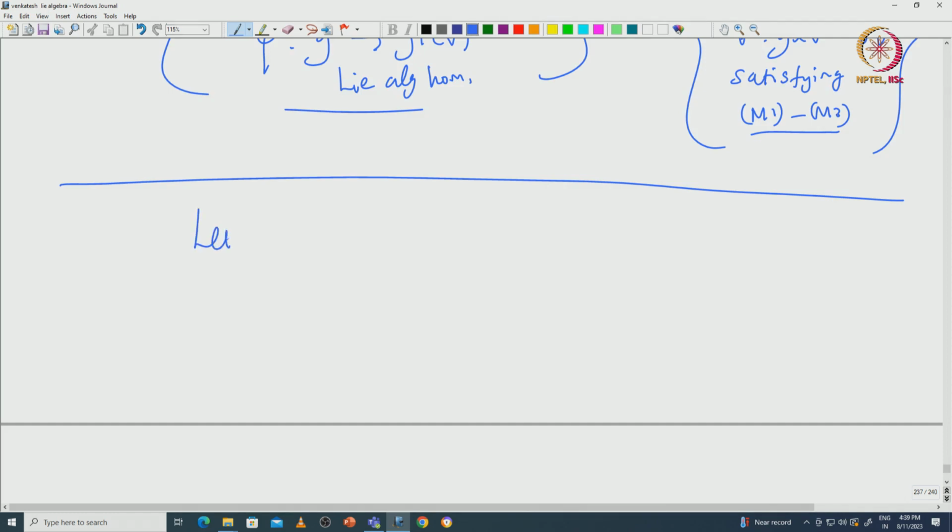So, you start with the Lie algebra G and let us say V is also a G module. Okay. So, that means there is an action of G on capital V, that is all important. That action actually obeys the Lie algebra structure on G. So, now what is a submodule? Okay. So, here is the definition.